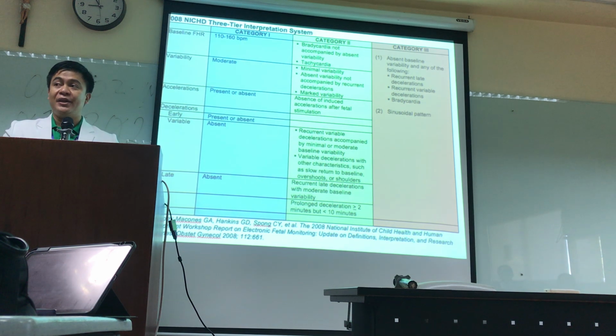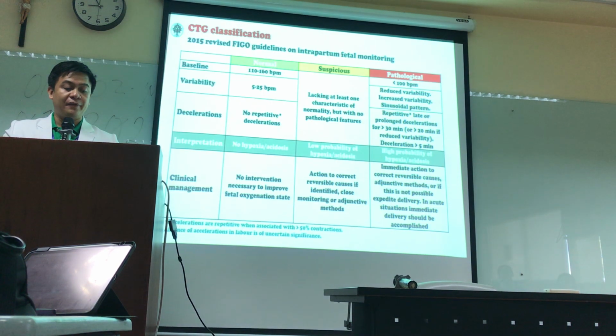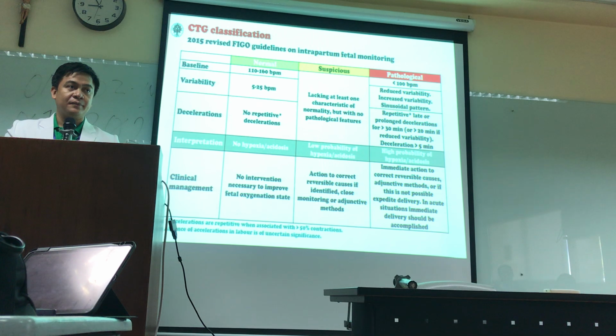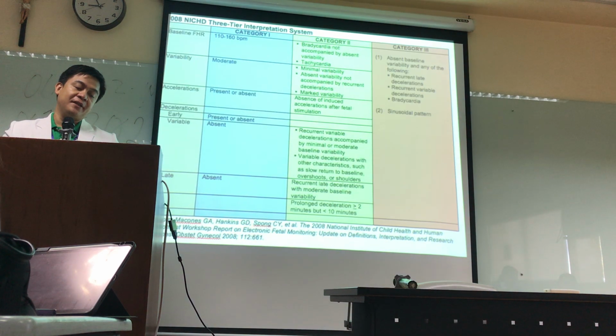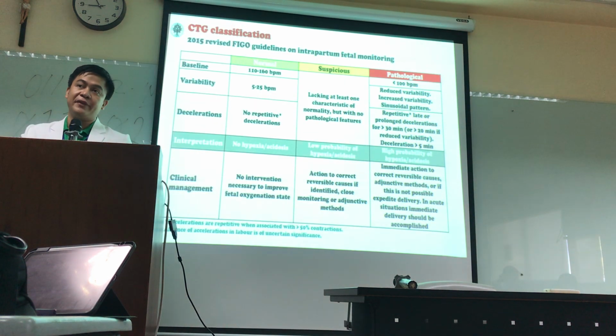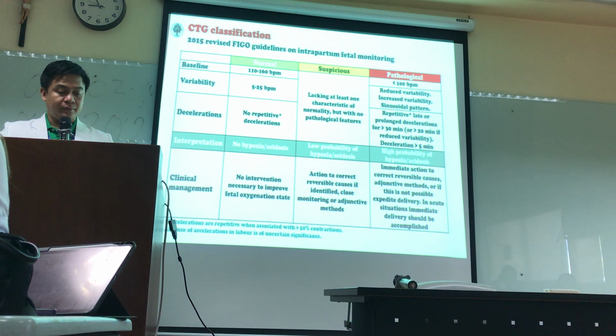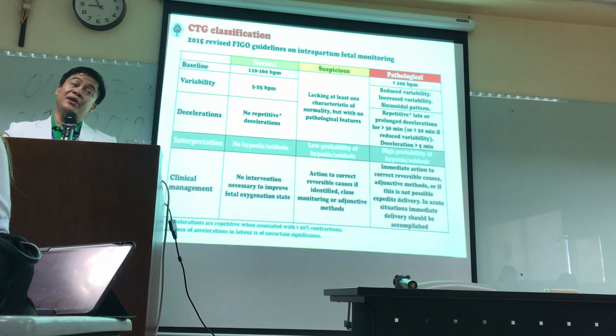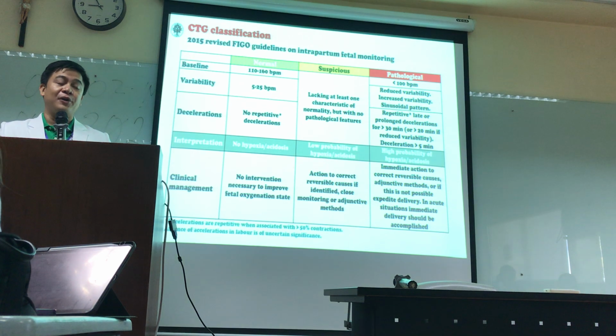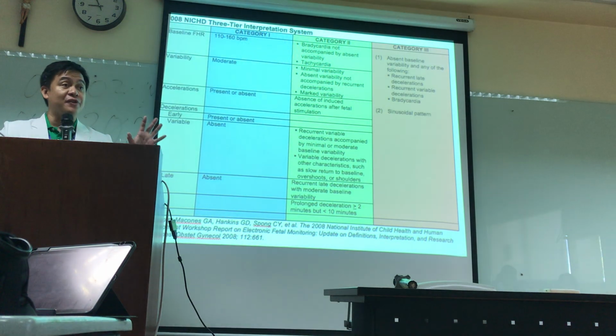Your NICHD or your FIGO classification? Which do you think would result more to a cesarean delivery? If you use your NICHD or if you use your FIGO classification? FIGO, no? So NICHD is more conservative.